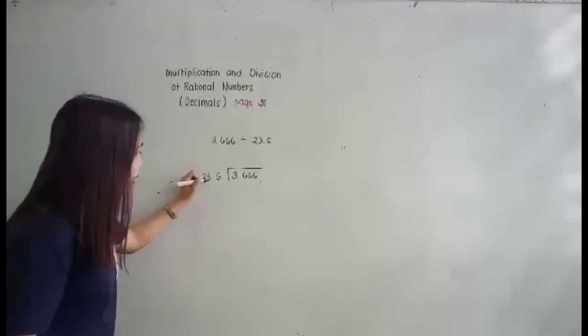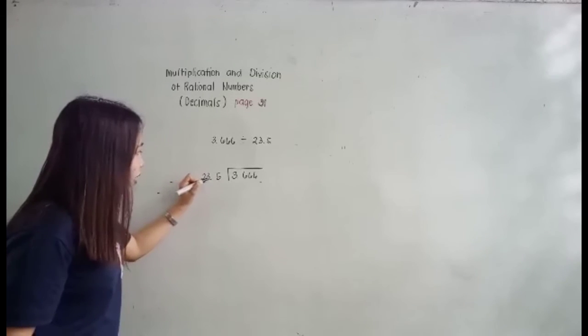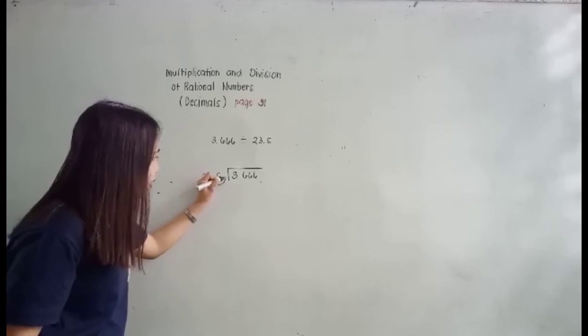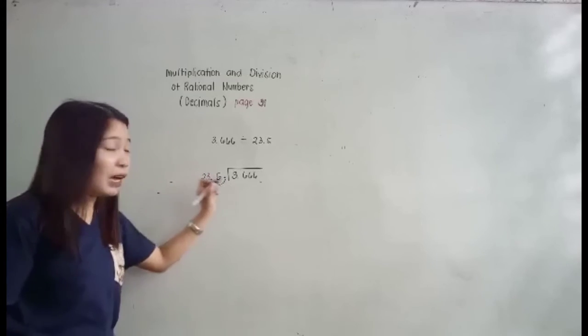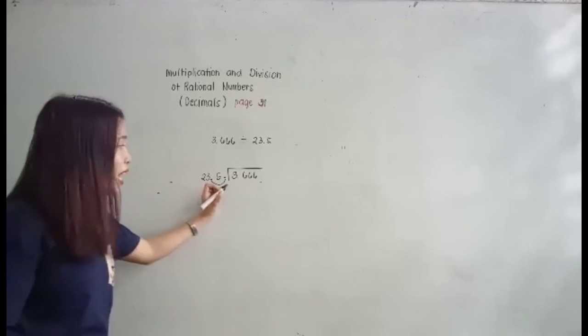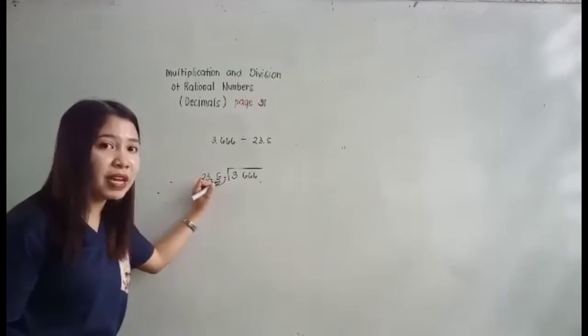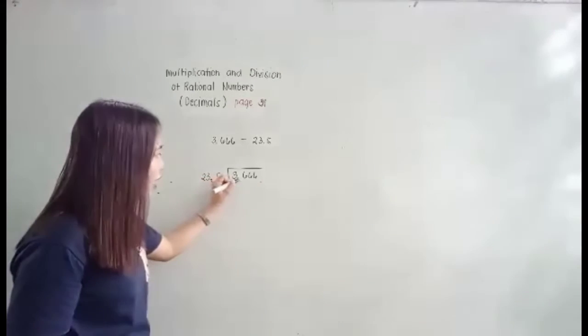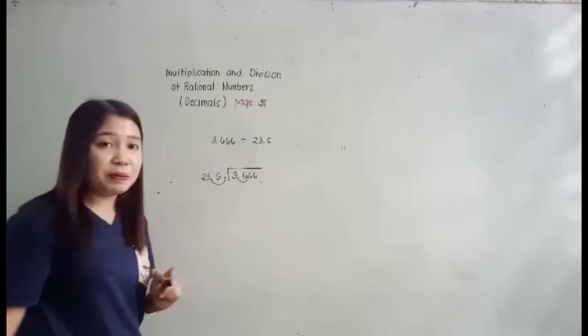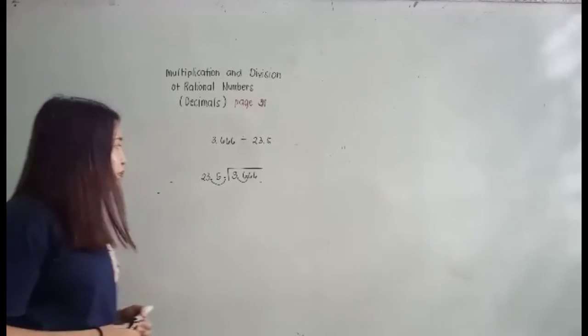So, ito ay magiging 23. Ililipat natin yung decimal point dun sa pagkatapos ng 5 para maging whole number siya. At kung naglipat tayo ng isang beses dito, maglilipat din tayo ng isang beses doon. Then, dito na yung ating decimal point.